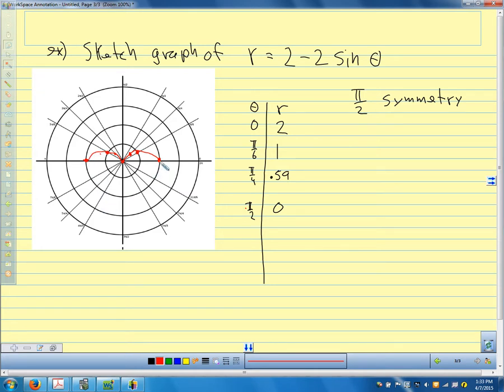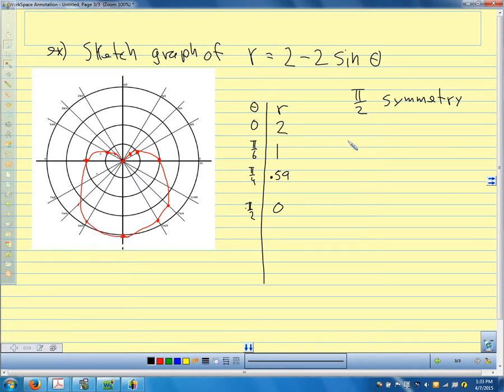But if I plotted these other points, I end up with a point about here, a point about here, and a point right about there. So the bottom half of the graph looks like this. The other half would look exactly the same. And we get a graph that looks something like this.